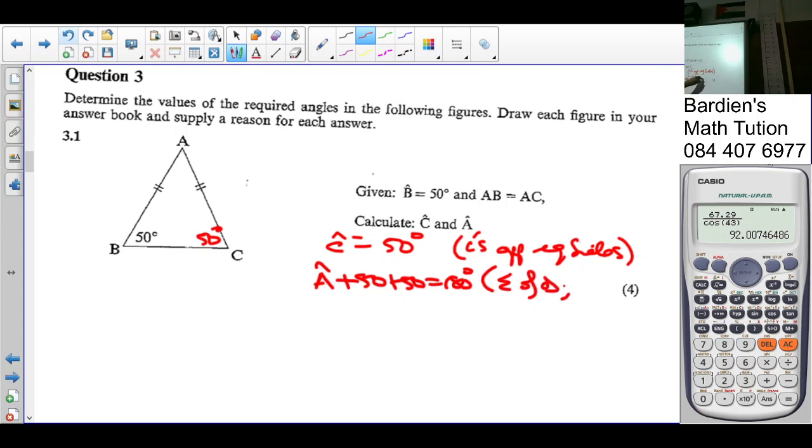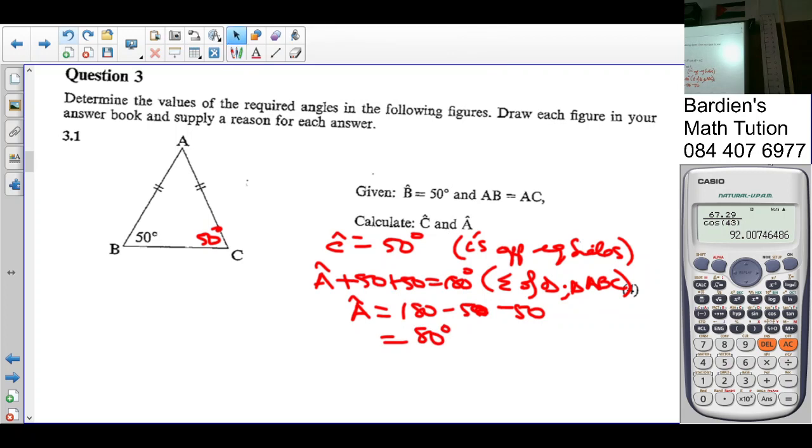Sum of angles in triangle ABC. Do I have to say this part here? No, you don't have to. Okay? So angle A is equal to 180 minus 50 minus 50, which is 80 degrees. Any confusion here? No?